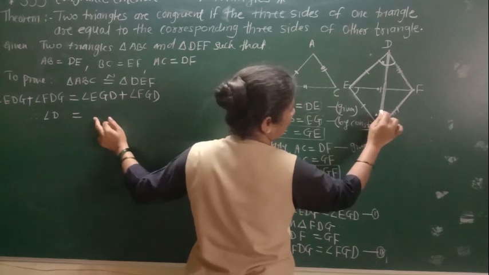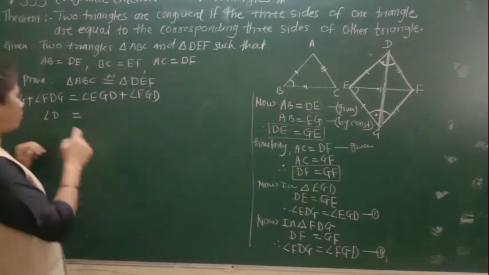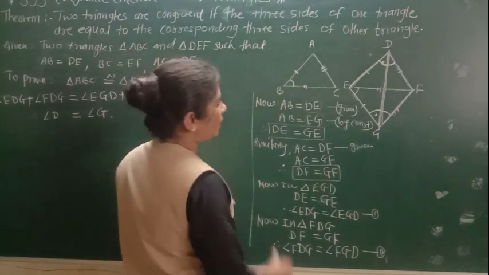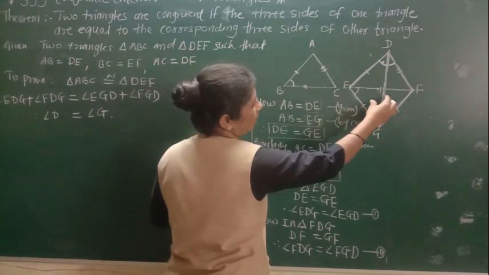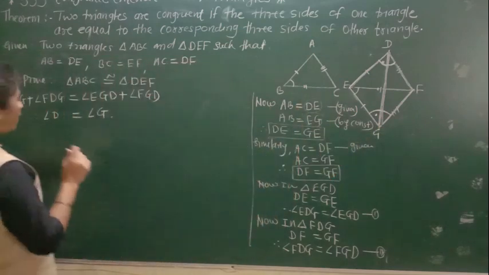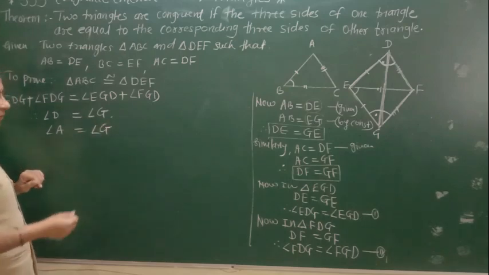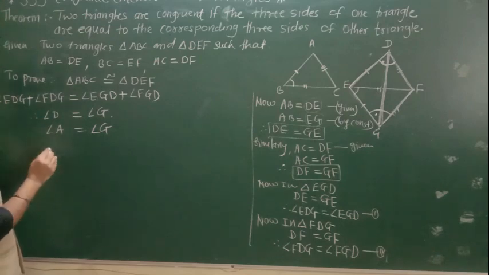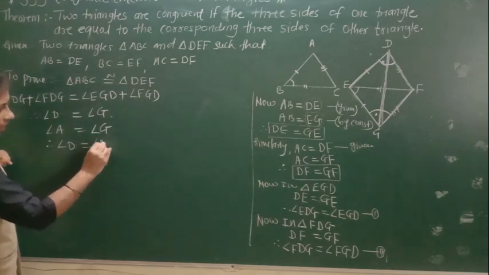So the sum of these two angles is angle G, right? So angle D equals angle G will be there. But when we proved triangle ABC is congruent to triangle GEF, there we got angle A equals angle G. So from these two statements we can see that angle D equals angle A.